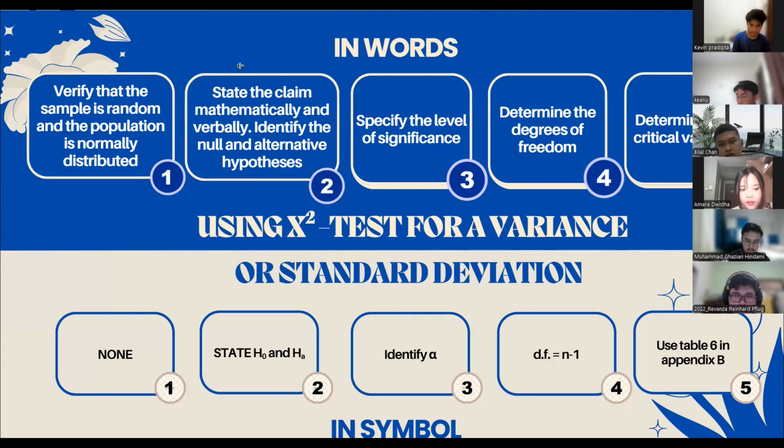Then determine the degrees of freedom, and then determine any critical values. For the symbols, the first step is none. The second is to state H0 and HA. The third is to identify alpha. The fourth is n minus 1. The fifth is to use table 6 in appendix B.